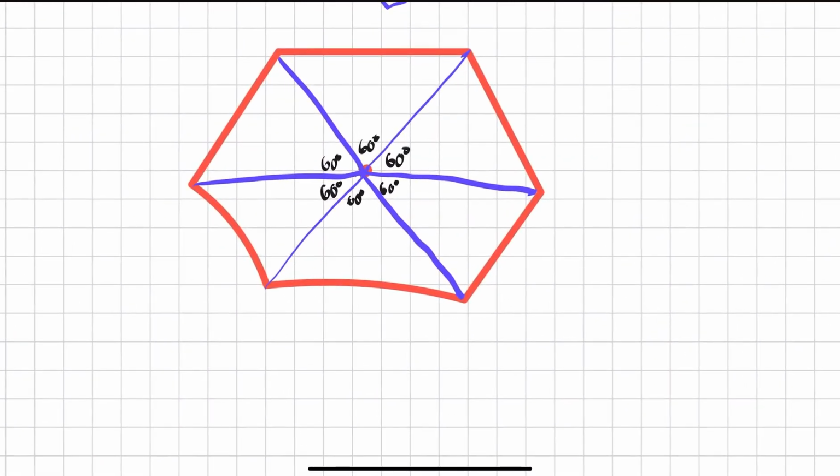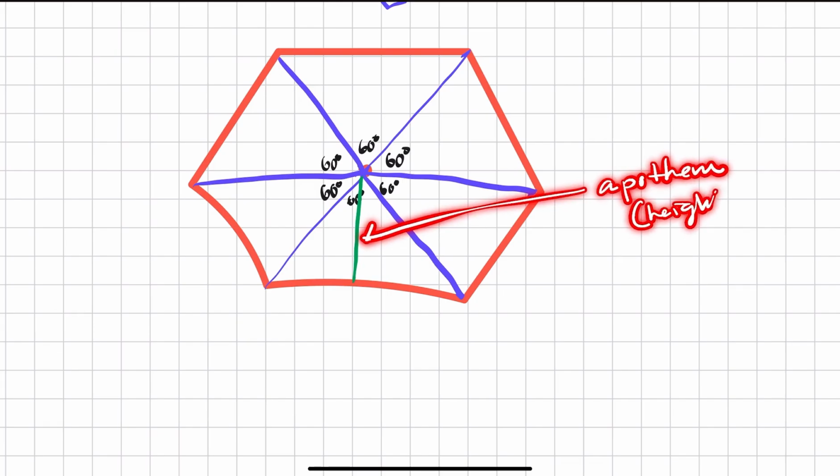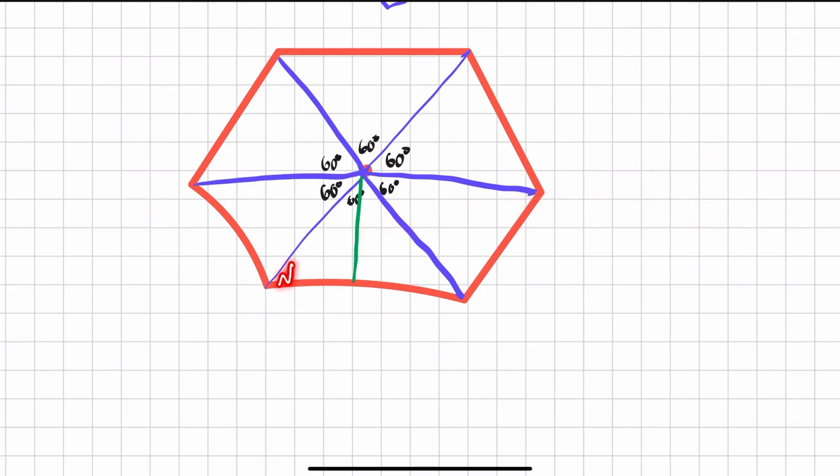So we'll keep looking at this problem, and now I'm going to draw a new line. Say I draw this line right here from the midpoint of that side all the way up to the center. And so remember that right there is called the apothem, and it also represents height for when we're trying to find the area of one of these triangles right here.